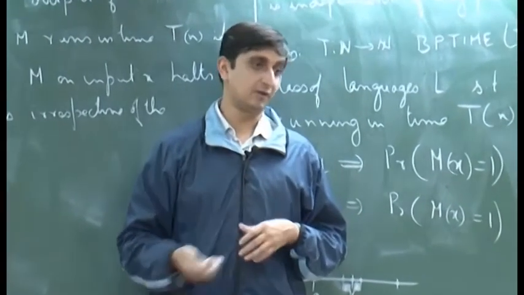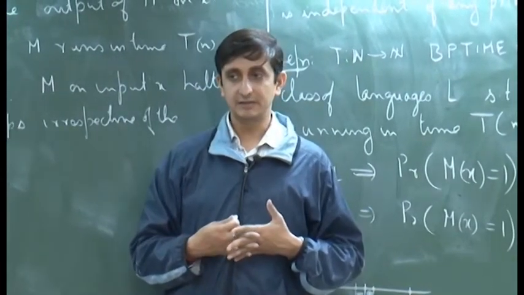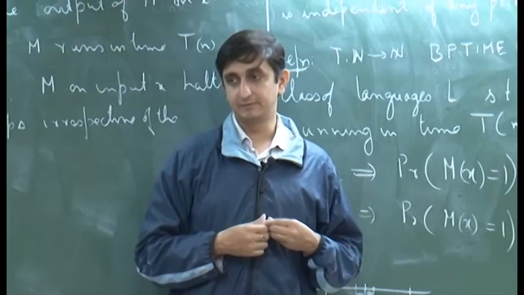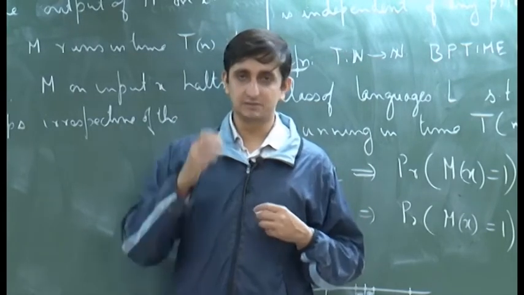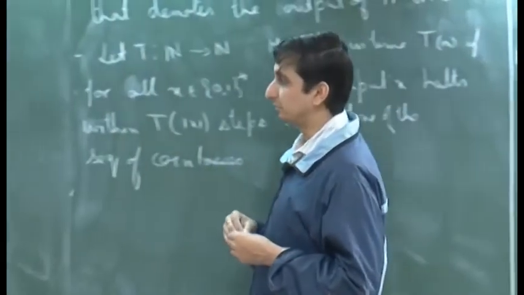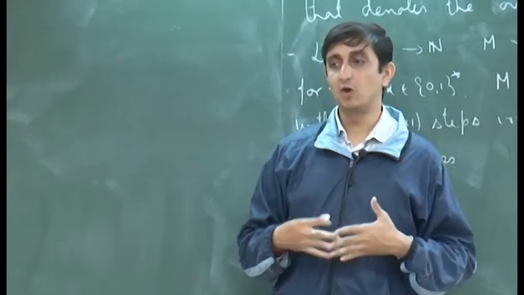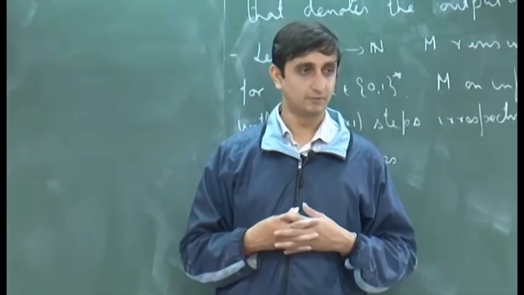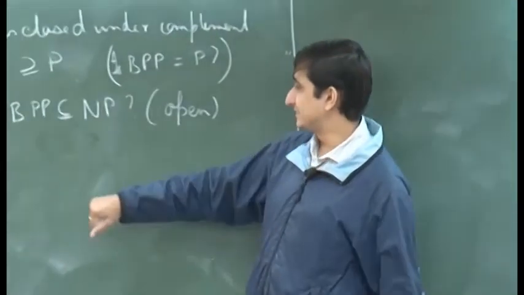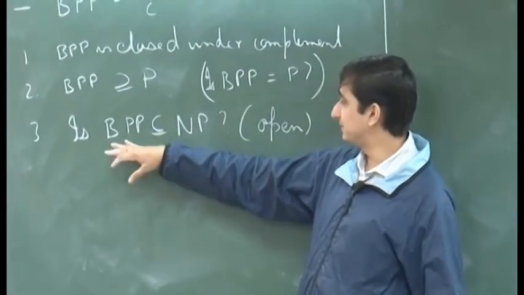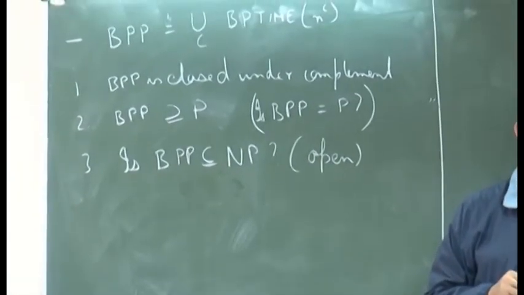But on the other side, if you have an input which does not belong to the language, the machine never makes an error. I will put error in quotes, because it is not proper to use that term, but the machine will always reject that input. So, that is the fundamental difference between what is happening in the case of a BPP machine and what is happening in the case of a non-deterministic machine.